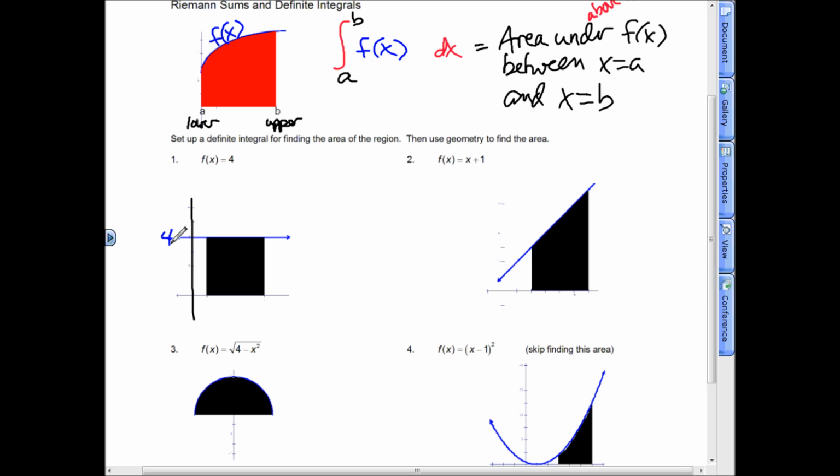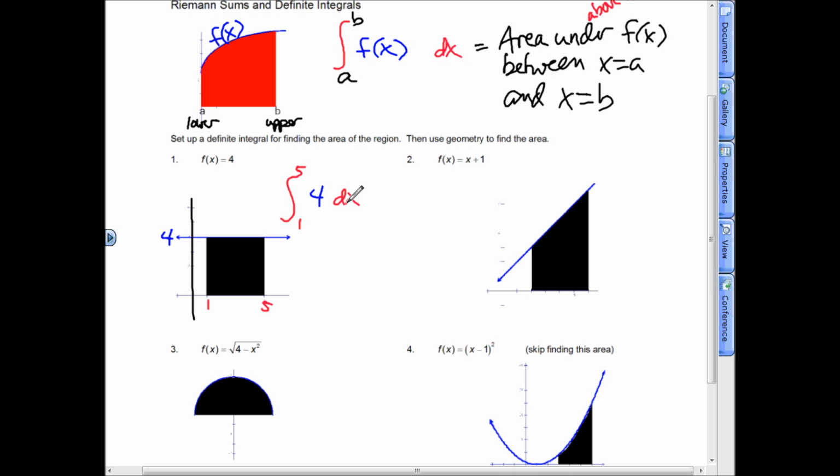I think it's supposed to be going from x equals 1 to x equals 5. So we integrate from 1 to 5 of f of x. What's f of x? F of x is 4. We're integrating that with respect to x. That would be my definite integral that we'd use to find this area.